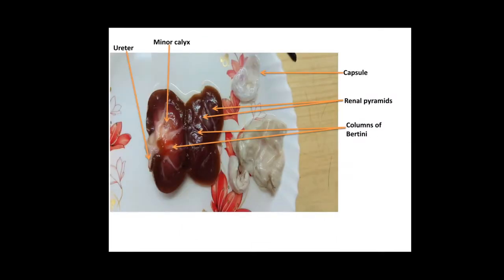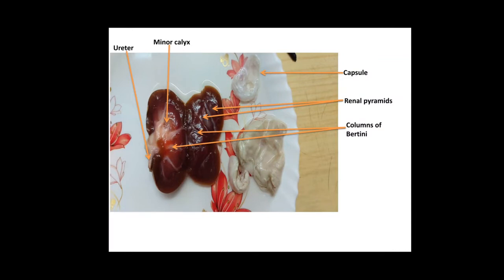After that, I cut open the kidney into a longitudinal section. Now I have done the labeling: the white tissue is the fibrous tissue, that is the capsule. Then the major part of the kidney was the adipose tissue, that is the entire dark yellowish white color.